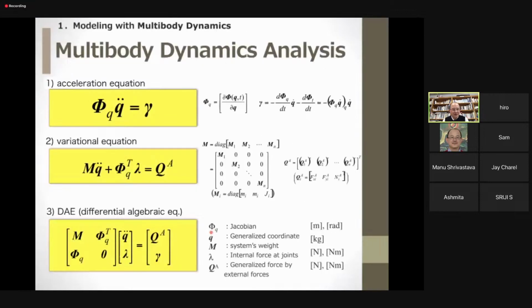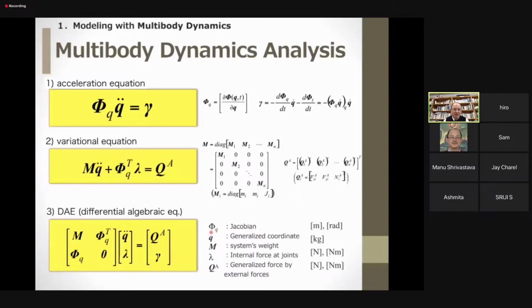So therefore, I would like to introduce you to learn the multi-body dynamics analysis. Much effort was made by Professor Gentaro Tanga, but we do not do the same thing anymore. You just simply understand the mathematics, then systematically solve, even by computer.